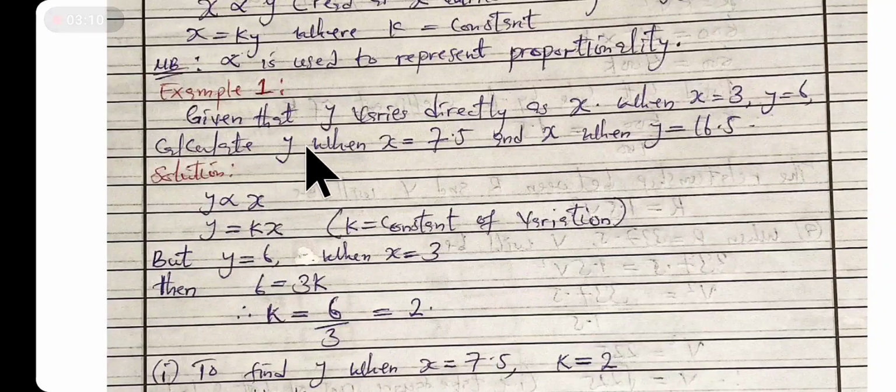But from the question, y was given to be 6 when x is equal to 3. So by the time you substitute these values into this formula, in place of y we put 6, then in place of x we put 3, because 3 times k will be 3k.